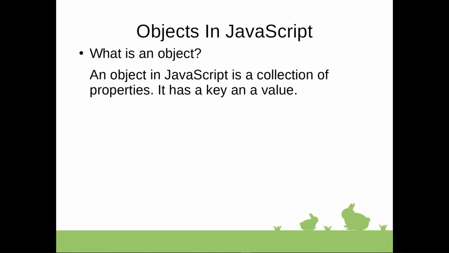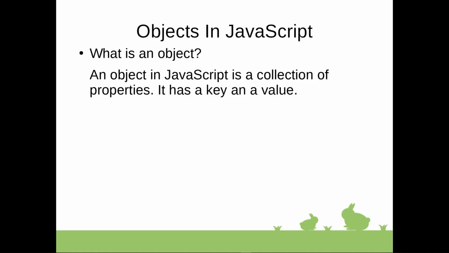What is an object? In real life, we all know what objects are: a man, a human being is an object, a bird is an object, a gamepad is an object. But in a programming language like JavaScript, an object is denoted by a key and a value.